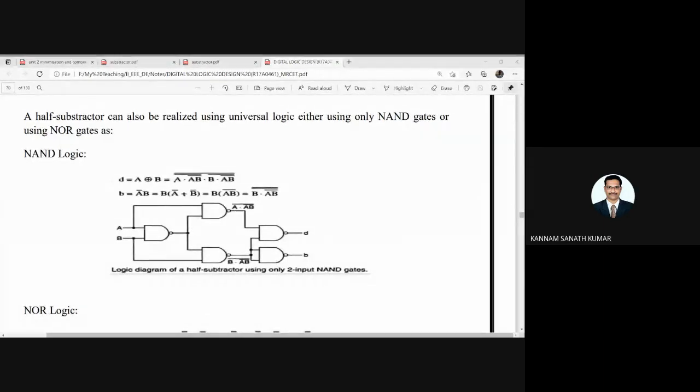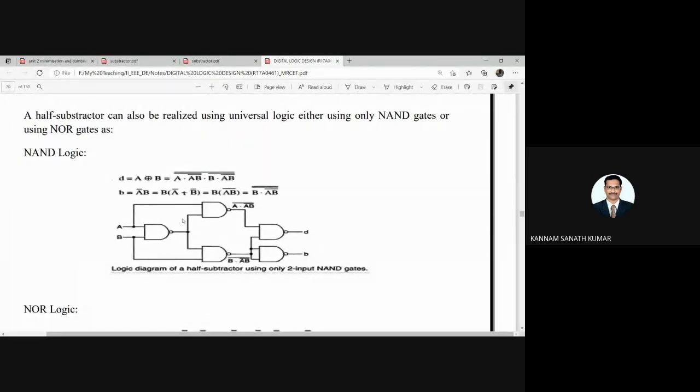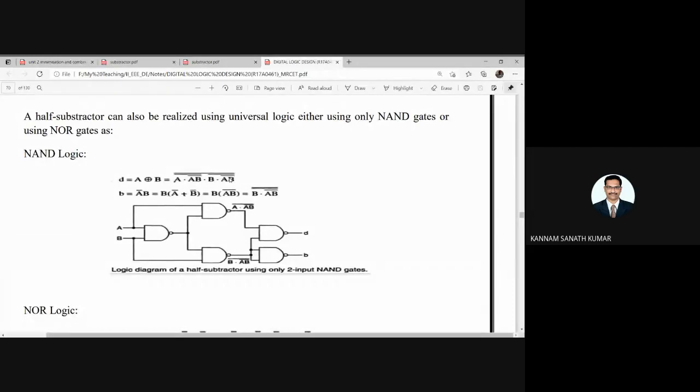Again the output of this NAND gate is given to one more NAND gate, and here you will get A into AB bar whole bar. Similarly, it is given to one more NAND gate with input B, giving B into AB bar whole bar.